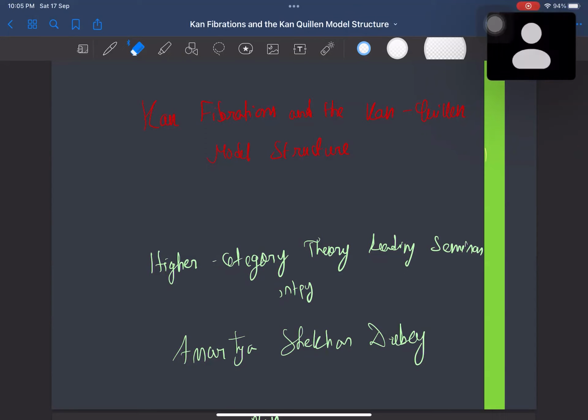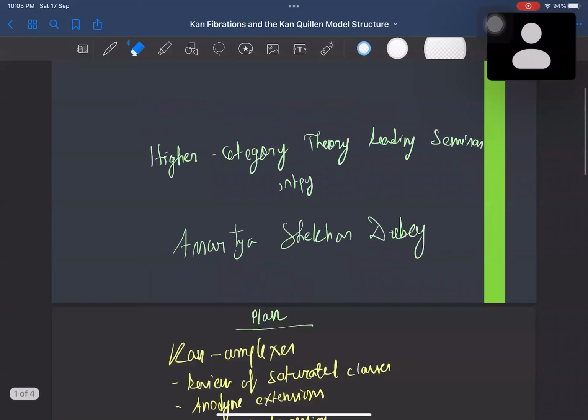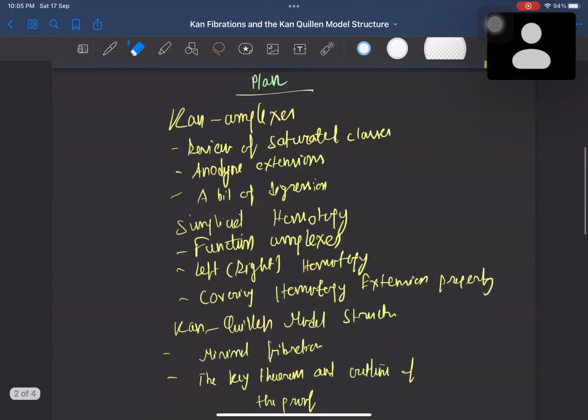So today I'll be speaking about configurations on the concordant model structure. Here's the plan. I'll begin with standard concordant, talking about Kohn complexes.